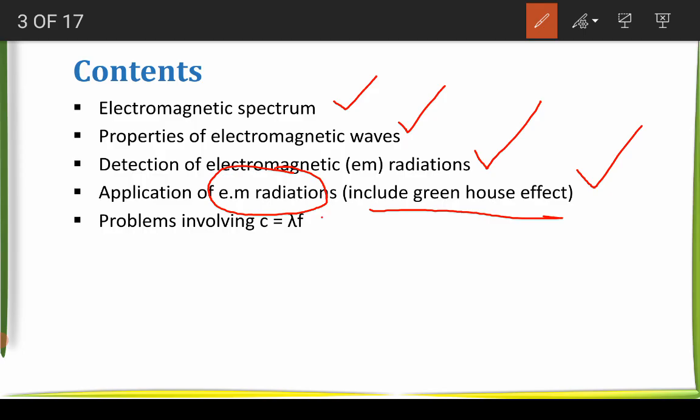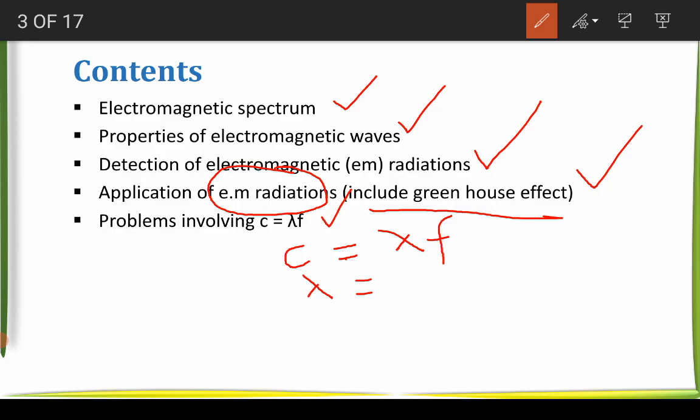And then lastly, as I mentioned, you're going to look at how you can apply the equation: speed of light, or speed of electromagnetic waves, equals the wavelength, lambda, multiplied by frequency. And also apply your knowledge of mathematics, change of subject of formula, to solve for any of these when enough information is given.